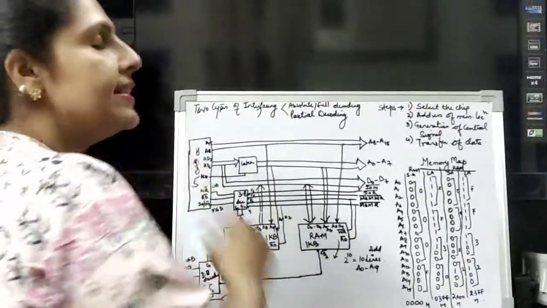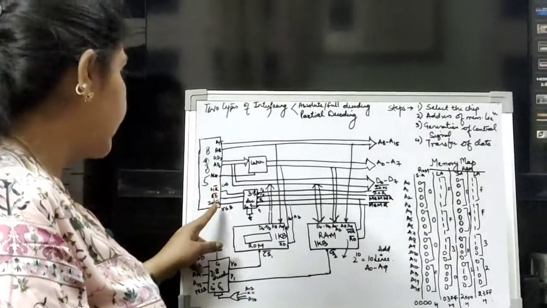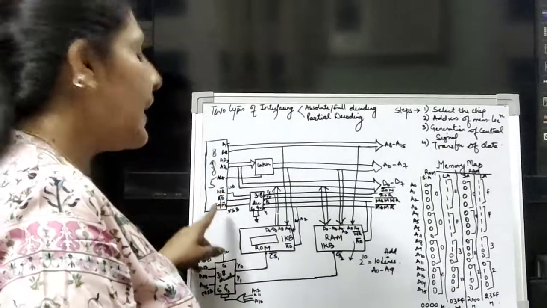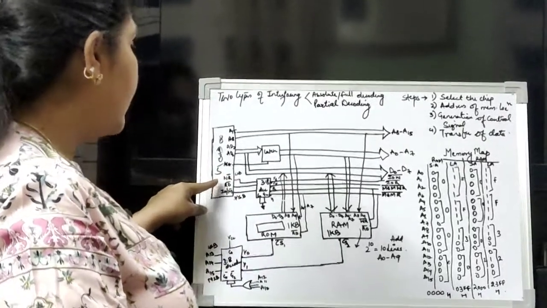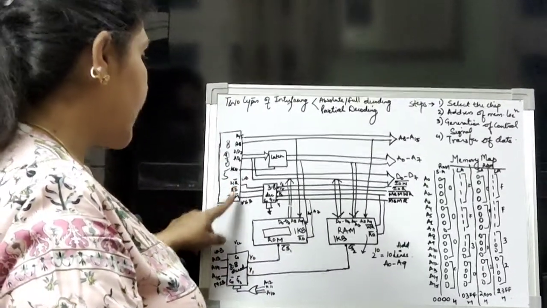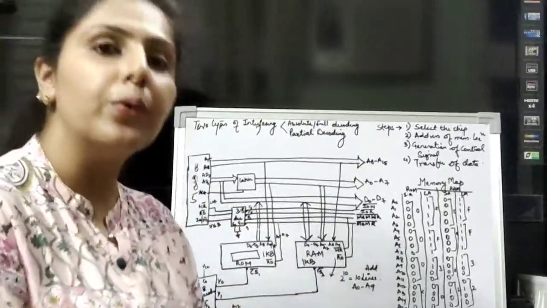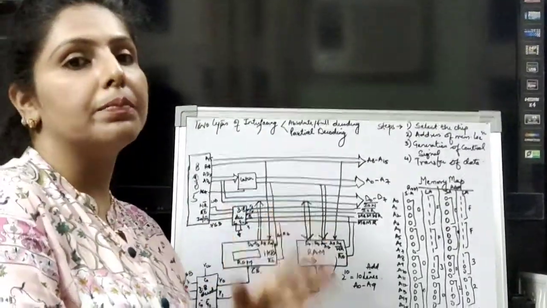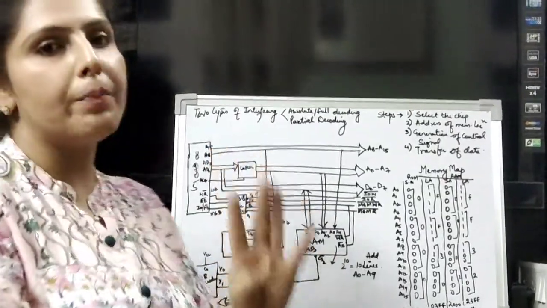Now next is the control bus. Control signals are write signal, read signal and IO by M bar signal. It is written as WR bar, RD bar, IO slash M bar signal. Now it is being given to a decoder. What is the purpose of the decoder? Because we want 4 separate operations.